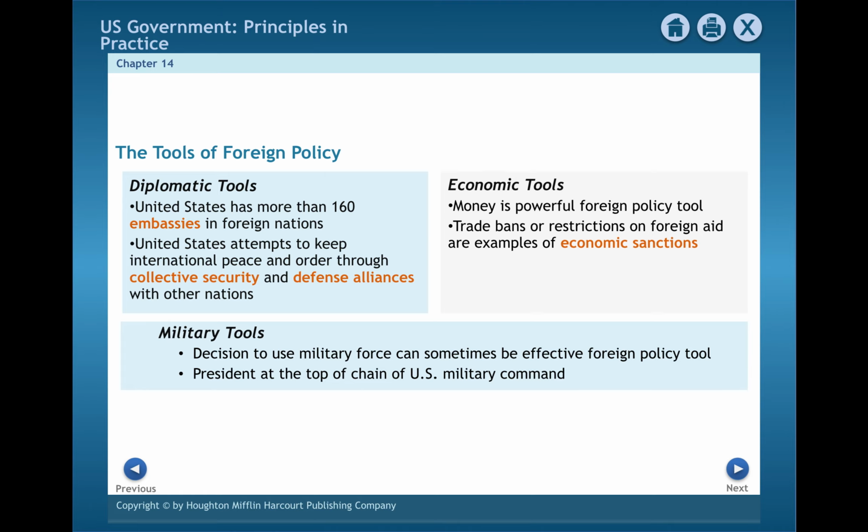The second type of tool used in foreign policy is actually an economic tool. So this can include giving financial aid or withholding money. And it can also include economic sanctions, which are economic measures taken against a country to force it to change its policies.